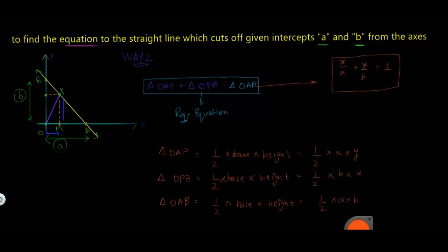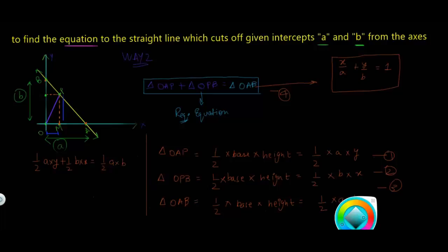Now all we have to do is put 1, 2, and 3 in equation number 4, and we are going to write it as half of a multiplied by y plus half of b multiplied by x is equal to half of a multiplied by b.